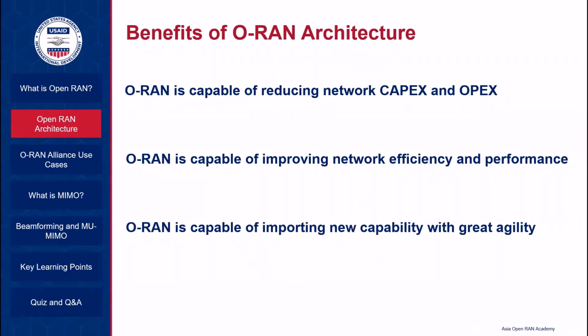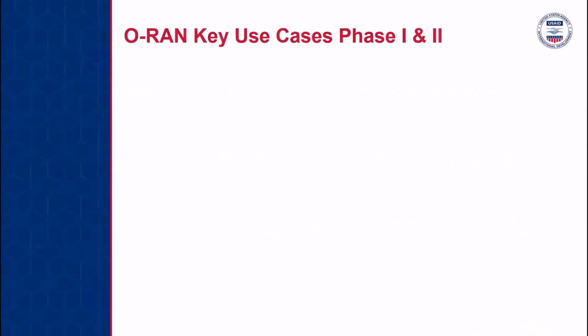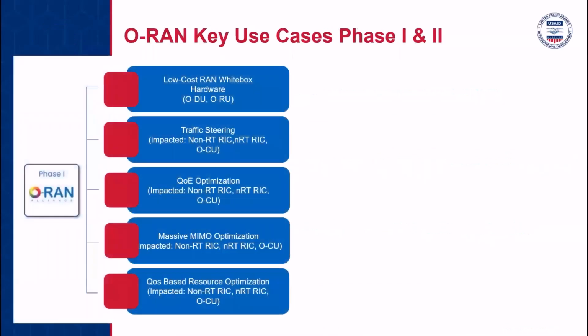Now si ORAN Alliance ay meron din siyang mga use cases na pinopropose. So yung kanyang mga use cases is divided into two phases. Okay? So meron tayong phase 1. So yung phase 1, ito yung mga use cases na binanggit ni ORAN Alliance.